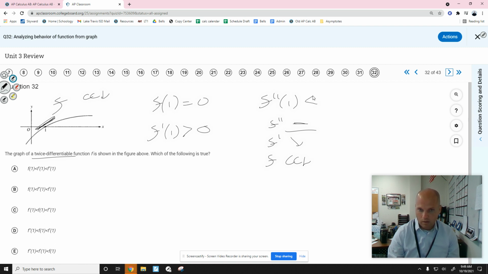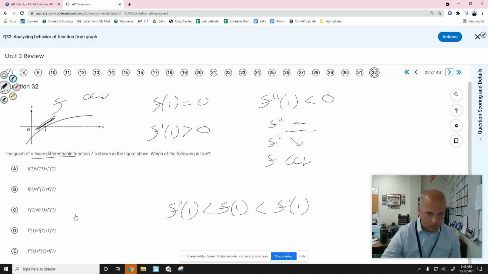So f double prime of 1 must be negative. So it looks like we're going least to greatest. The least would be the negative f double prime value. The middle would be f of 1, and the greatest would be f prime of 1.